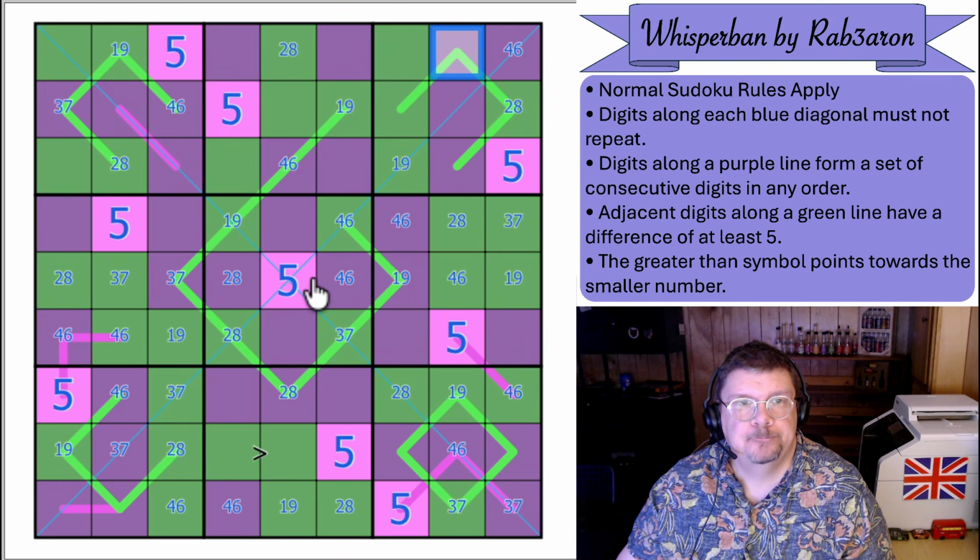Almost there. Yeah, so that's going to be 3, 7 or 4, 6. And if this is 3, 7 and that's 4, 6, then we know that that's 7 and that's 6 and green is high.